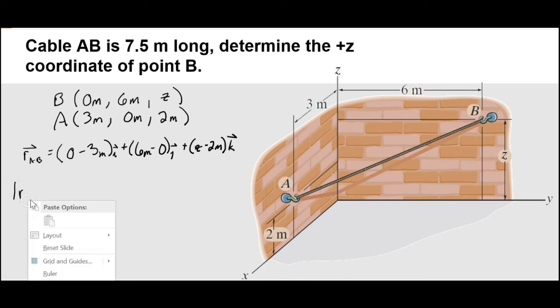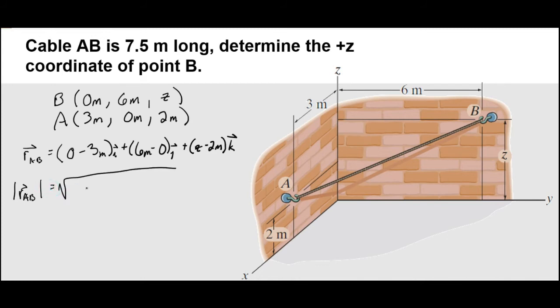The magnitude of RAB is equal to the square root of (minus 3 meters) squared plus (6 meters) squared plus (z minus 2 meters) squared. All of this we know is equal to 7.5 meters.